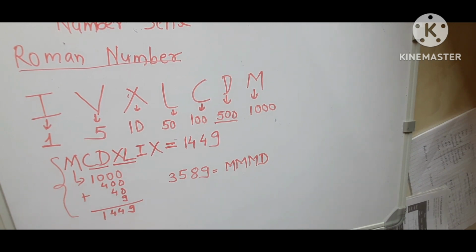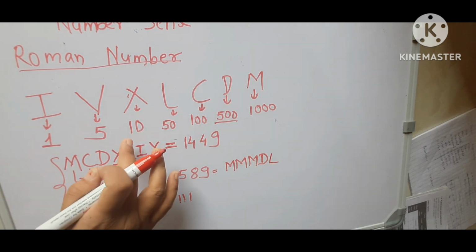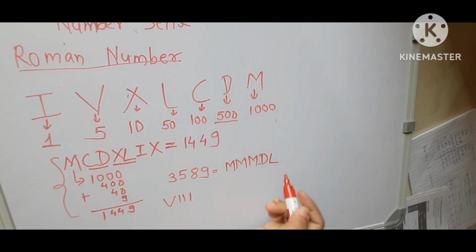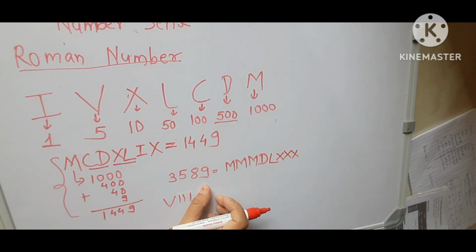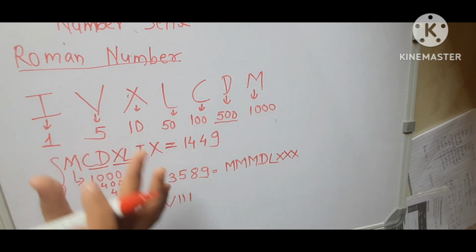The way we write 8 is, we always write V, I, I, I, right? So similarly for 80, the process will go in the same way. We'll write 50, that is L, and 60, 70, 80, that is 3 times X. Okay, now what is remaining is 9. How we write 9 is, as we all know, IX.